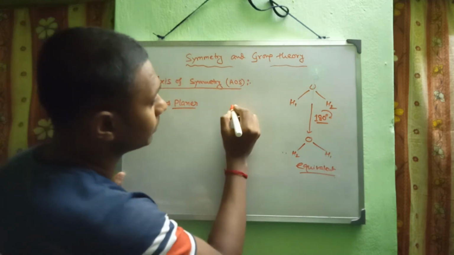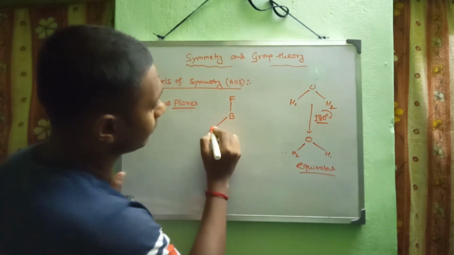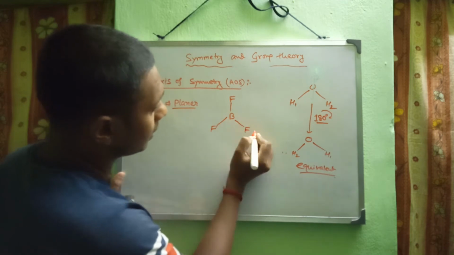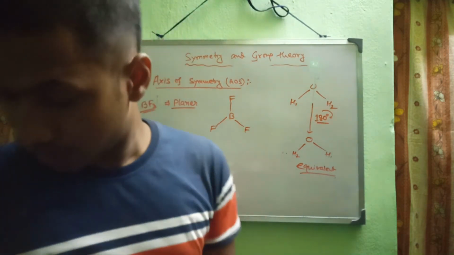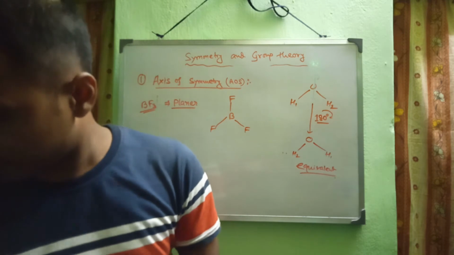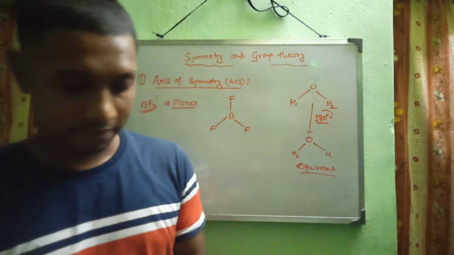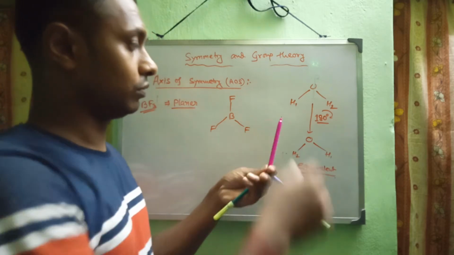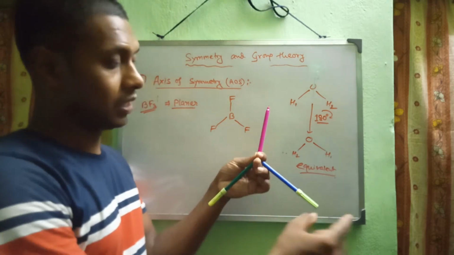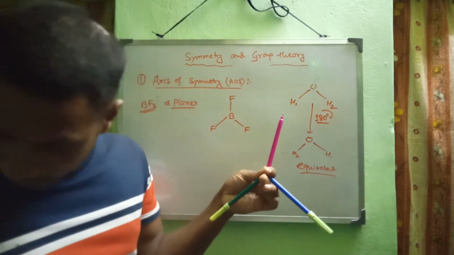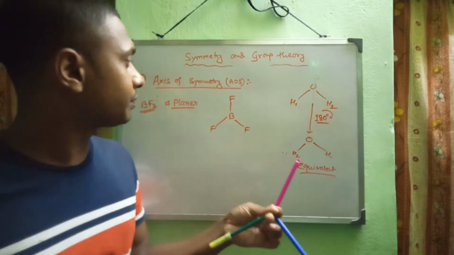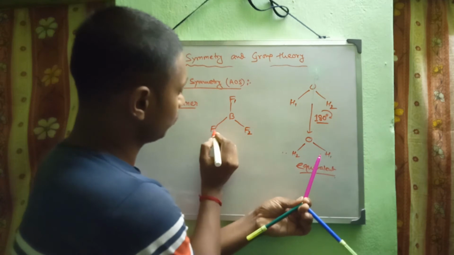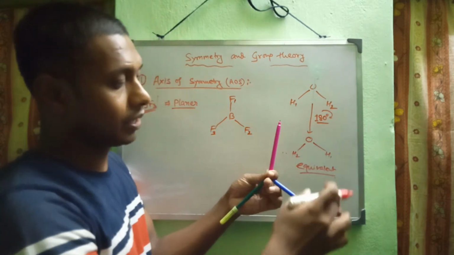It looks like B, F. For clear visualization, let's take this. Now this is the boron atom. This is F1. We label these as F1, F2, F3.